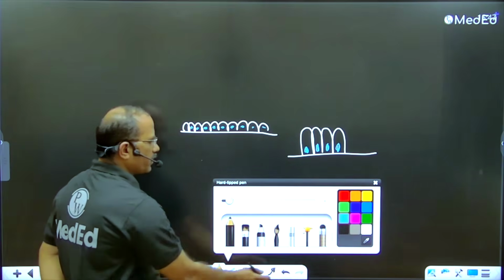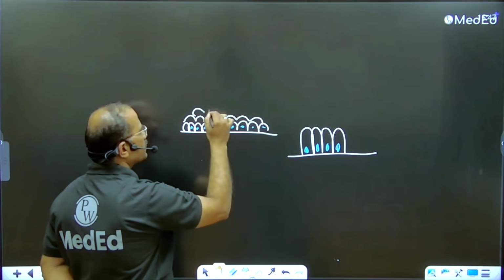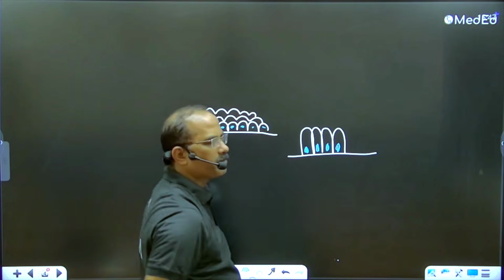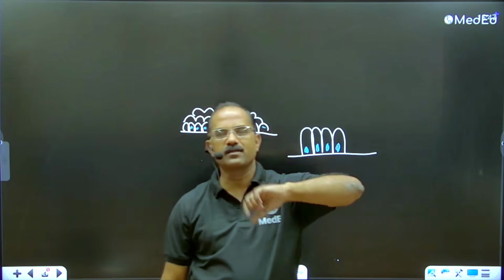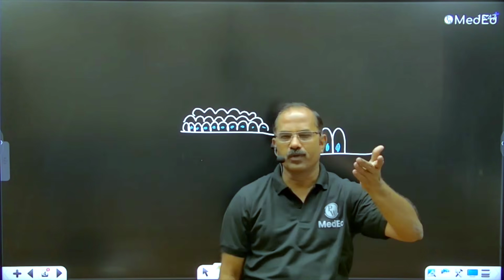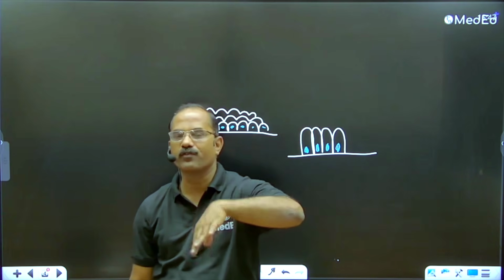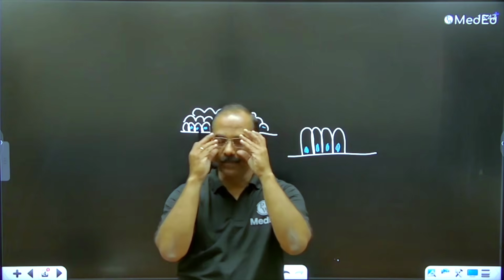Now suppose there are multiple layers of cells, and the cells do not rest on the basement membrane, that becomes a stratified epithelium. If the topmost layers are flat, that is stratified squamous. If the topmost layer is cuboidal, stratified cuboidal, and similarly stratified columnar. Now where do we get the stratified squamous epithelium?